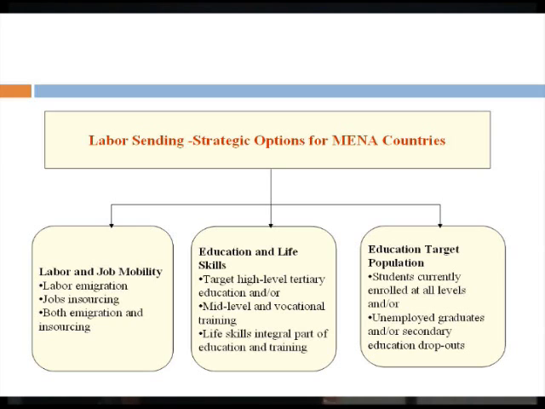What type and level of education should they target? Labor sending and job insourcing countries may choose to concentrate their efforts on enhancing the quality of their tertiary education and its relevance to the needs of the global labor market to attract high-level jobs, like in computers and accounting, etc. Alternatively, they may decide to target mid-level skills that are already in high demand in many countries, such as nurses, cooks, waiters, etc. Finally, they may opt for both types of skill levels if both are amenable to mitigate the pressure on the domestic labor market.